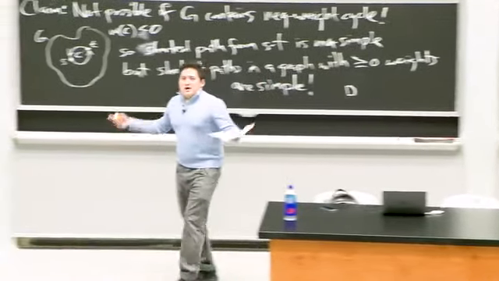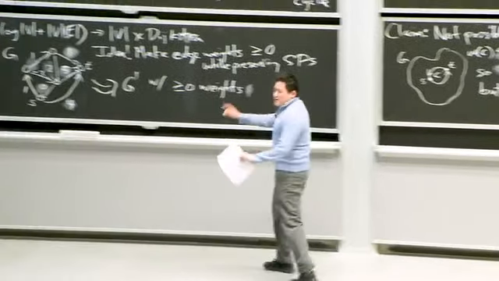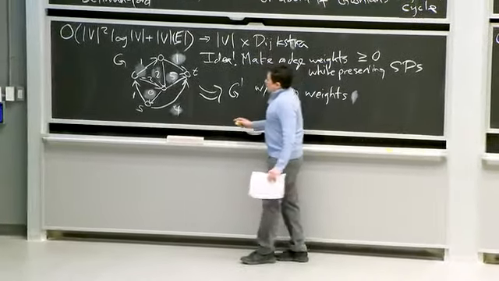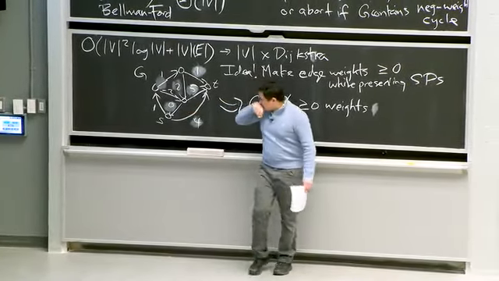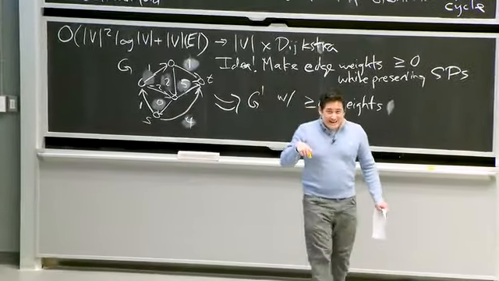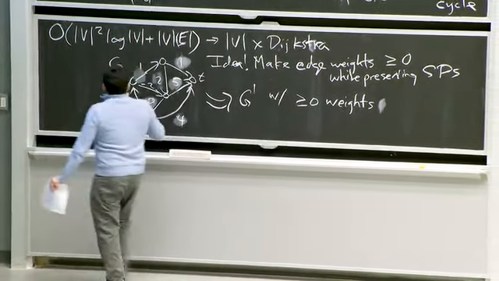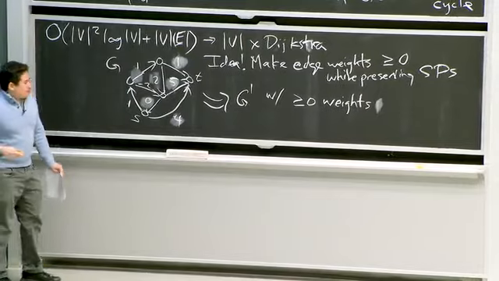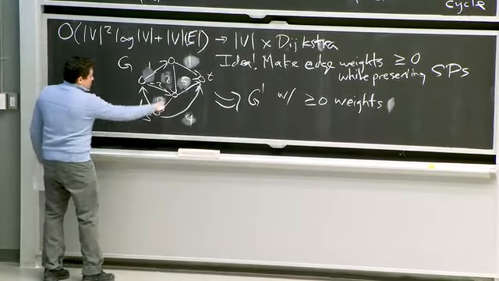Is there any way you can think of to modify the edge weights in a graph in any way that will preserve shortest paths? So here's an idea for you, which is kind of this critical step in Johnson's and in a lot of graph transformation algorithms.